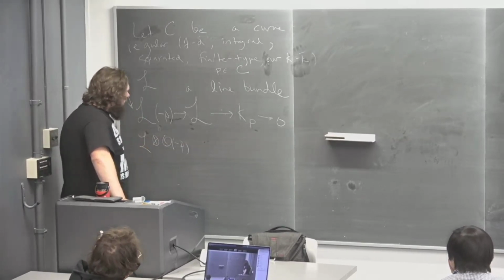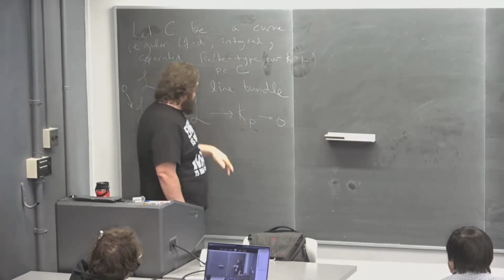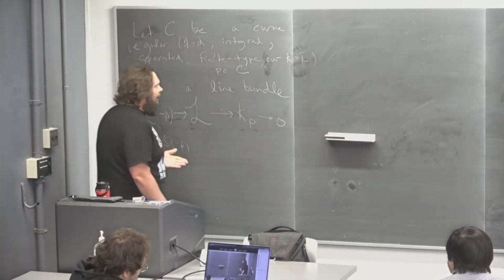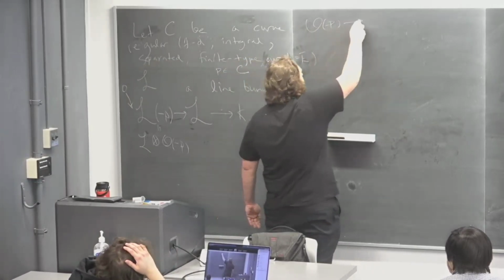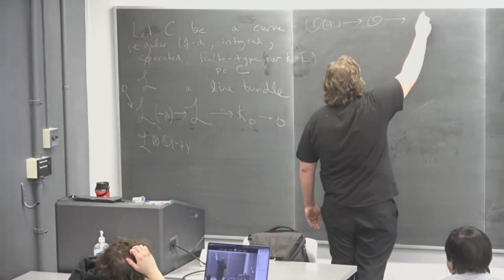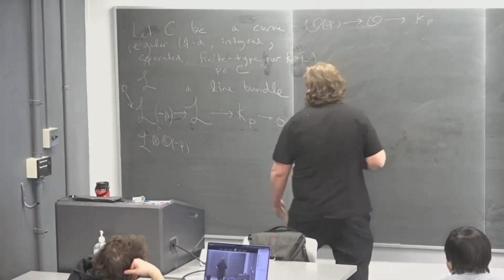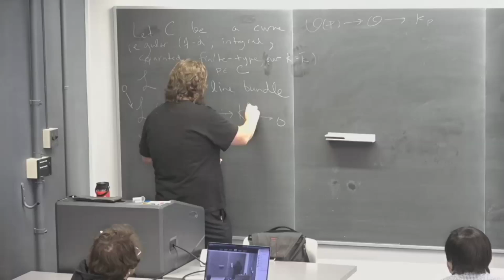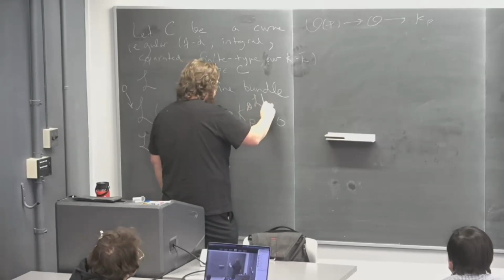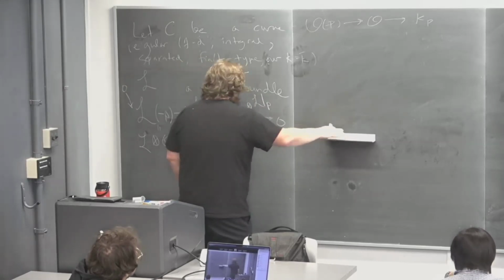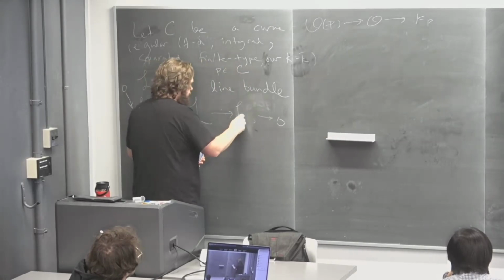Okay, and if I were going to get really fancy, I shouldn't have written the field itself here. If my line bundle is trivial, then I can write O of minus P and K sub P here. What this really is is K tensored with the residue of L_P. I can just write this as L_P.